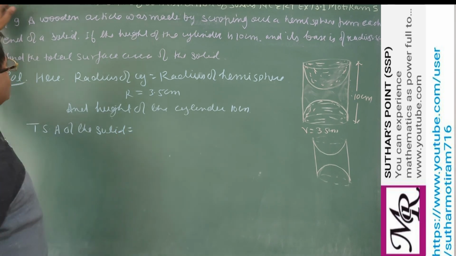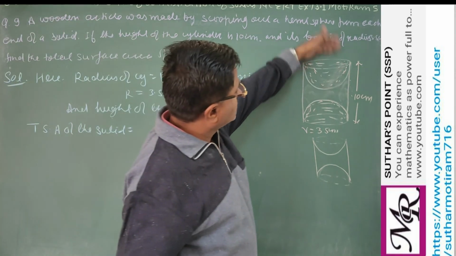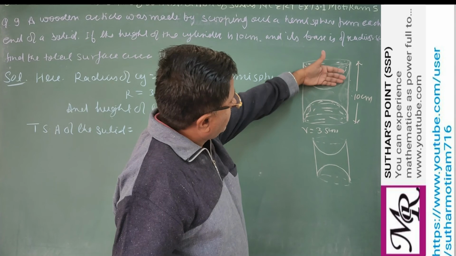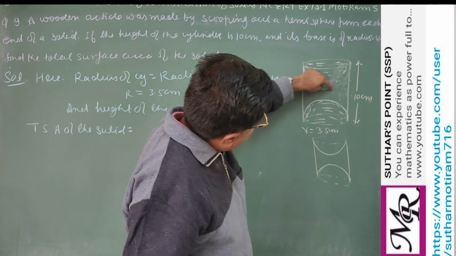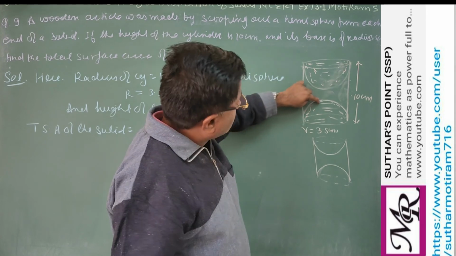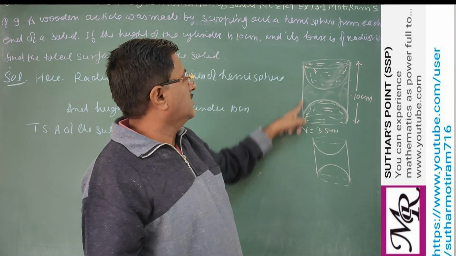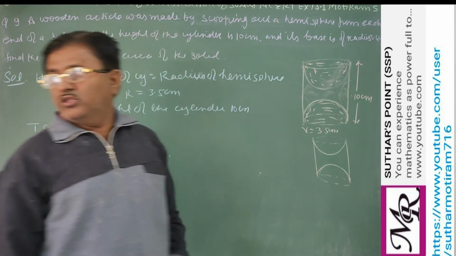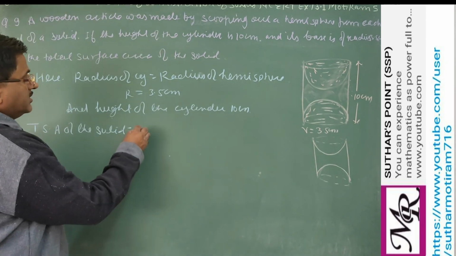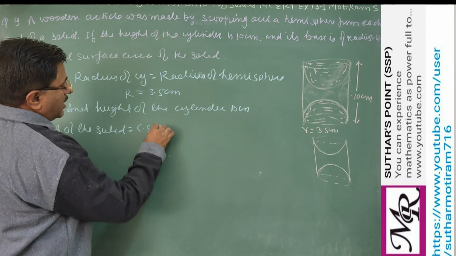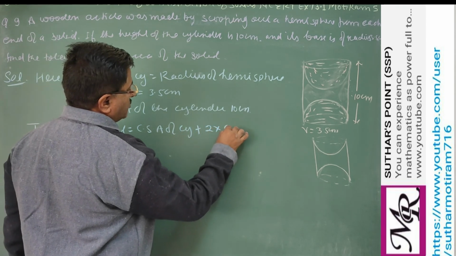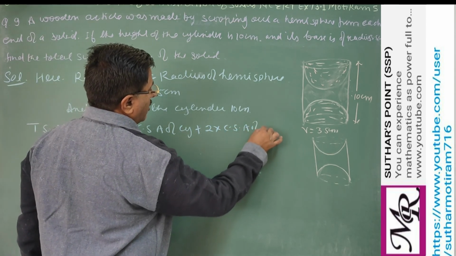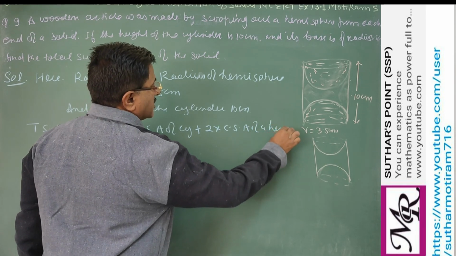So after scooping out these two hemispherical ends, what is left? This is the hemisphere. So curved surface area of this plus curved surface area of this plus curved surface area of the cylinder. All these you have to add. So curved surface area of cylinder plus 2 into curved surface area of a hemisphere.